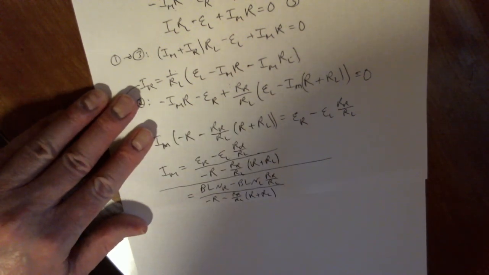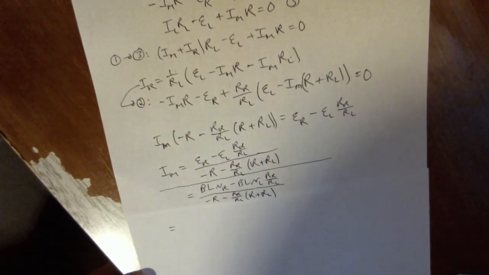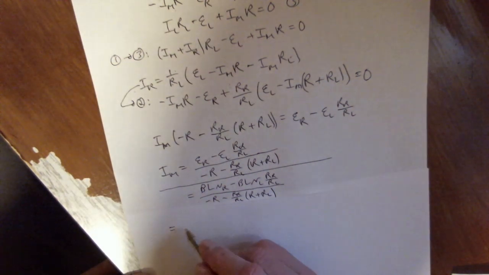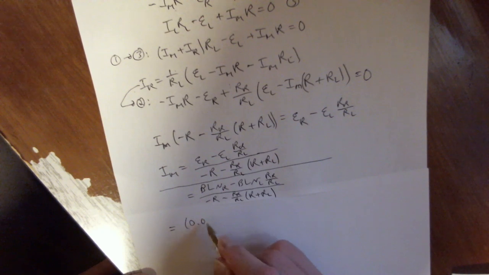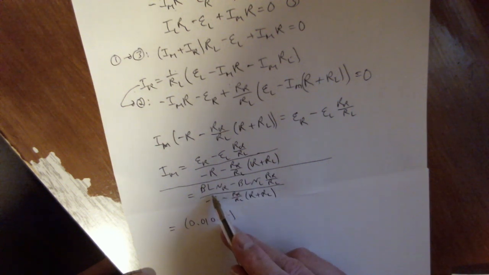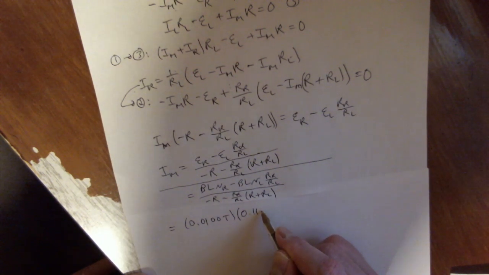Okay. So I get B is 0.01 Tesla. And I've got B and L in both of those terms, so I'll do B times L. L is the distance between the rails, and so that's the 11 centimeters, so 0.11 meters.